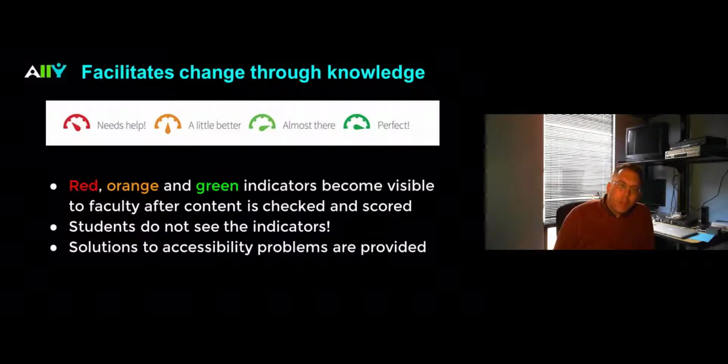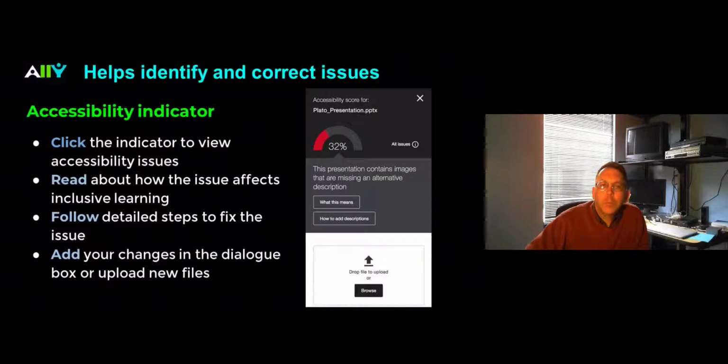And once you've uploaded your document, Ally goes a step further than just telling you whether it's accessible or not, it also tells you how to fix any issues it identifies. And in our next video, I'll actually take you into Blackboard, show you how to access the tool and where to find all this information. Okay, so here, and again, I'll show you this in Blackboard, but this is typically what you'll see.